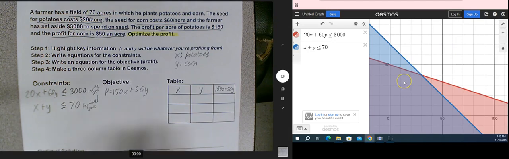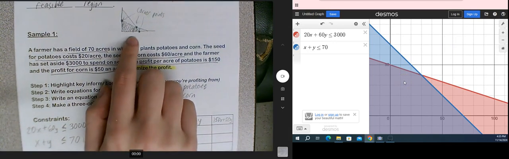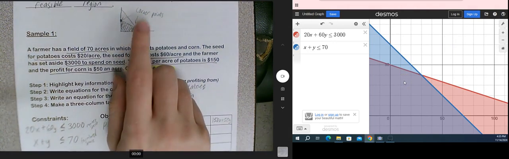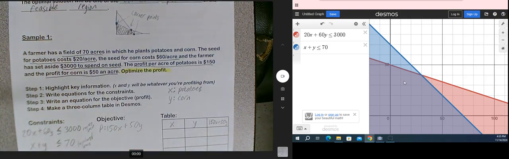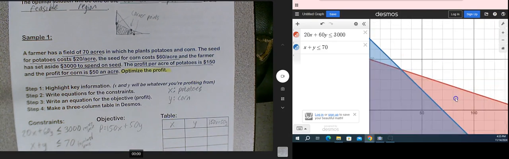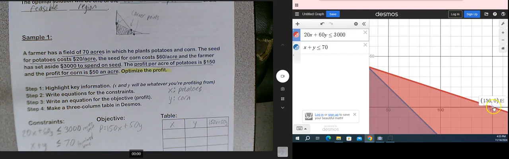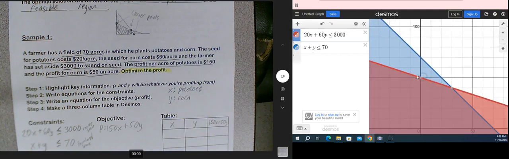So now, similar to the picture that we drew, we're going to find the three corner points that are touching the double shaded area. Now, when you click on this first line, you're going to be met with 3 points because there's a third one over here. The only 2 points that you want are the ones that are touching the double shaded area.